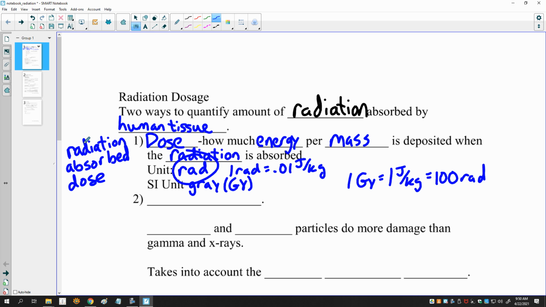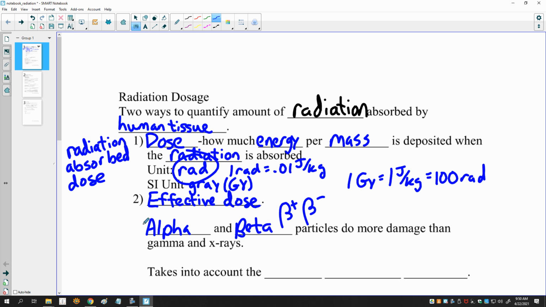The second way to quantify the amount of radiation is called the effective dose. This has to do with the effect of the radiation on human tissue. Different types of radiation, like alpha and beta particles (remember, we had beta plus and beta minus), do more damage than gamma rays and X-rays, even if they have the same amount of energy.